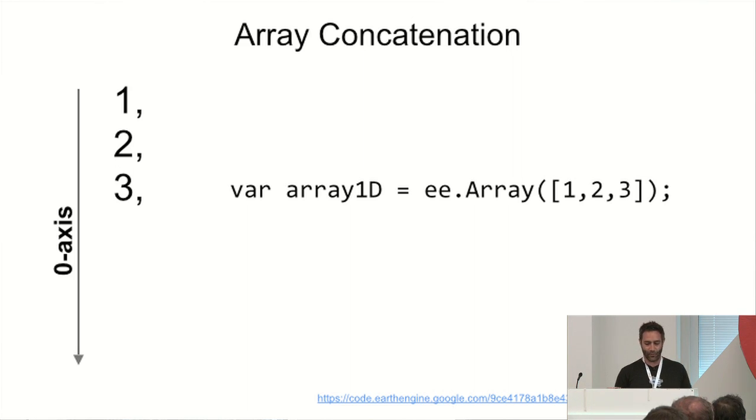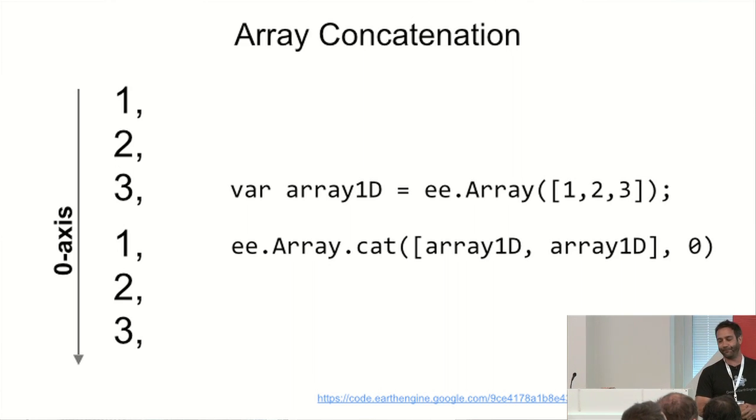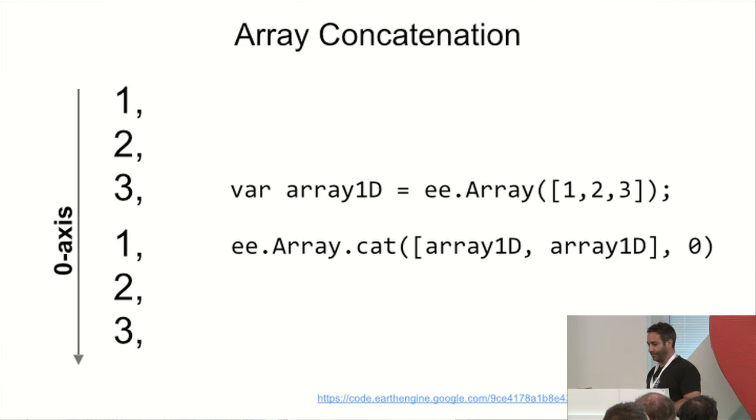Okay. So here's a list of numbers. And the way I've drawn this, it's a comma-separated list that's arranged on the 0 axis here. And I can take another one of these length 3 vectors, if you will, and we can concatenate it on the 0 axis.